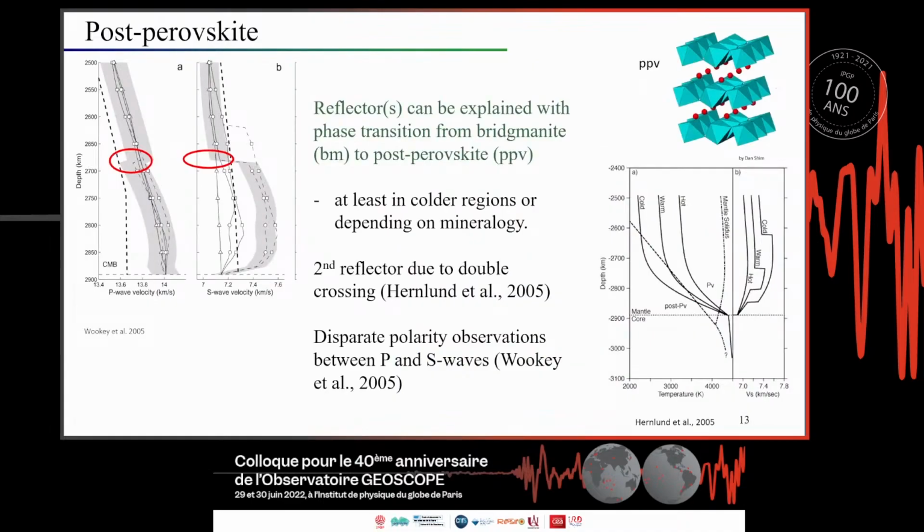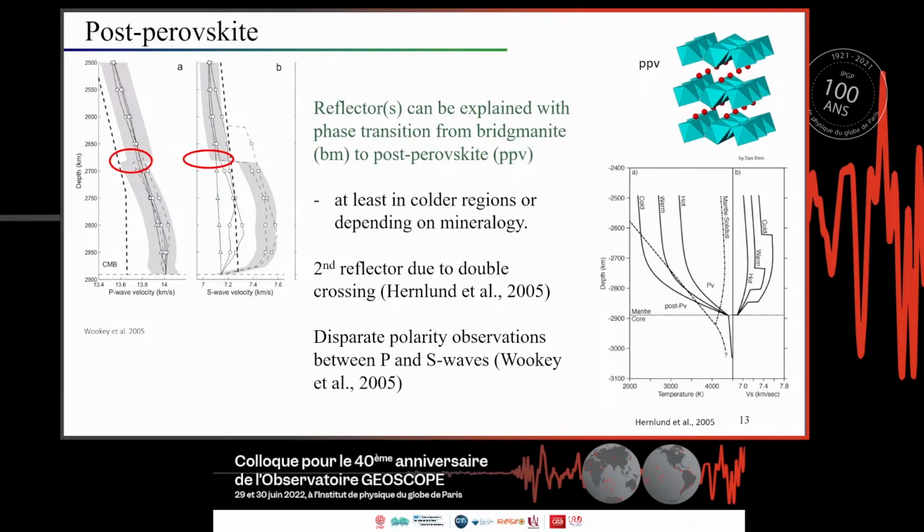People have looked at this a little bit further, and the post-perovskite phase transition can actually explain both reflectors, the top reflector with the strong topography and also a bottom reflector, because if the core is fairly hot, we enter the post-perovskite stability field and exit it again, generating two discontinuities that we might see seismically.